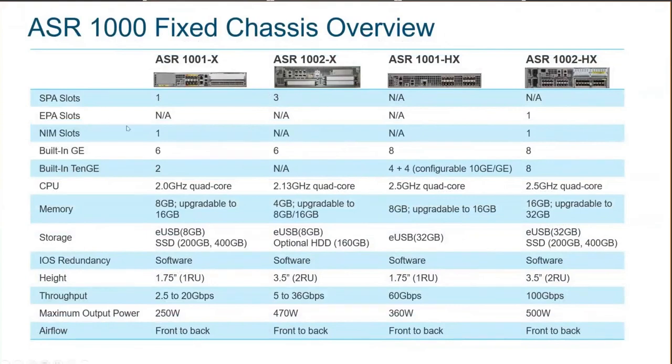And again, we have similar information here about these devices. This information you will usually get in the data sheets for the corresponding chassis. In many cases where you need to check what kind of ESP slots or 10 gig ports are there, you have to refer to the data sheets of the corresponding chassis to get those details. So this is just an overview.